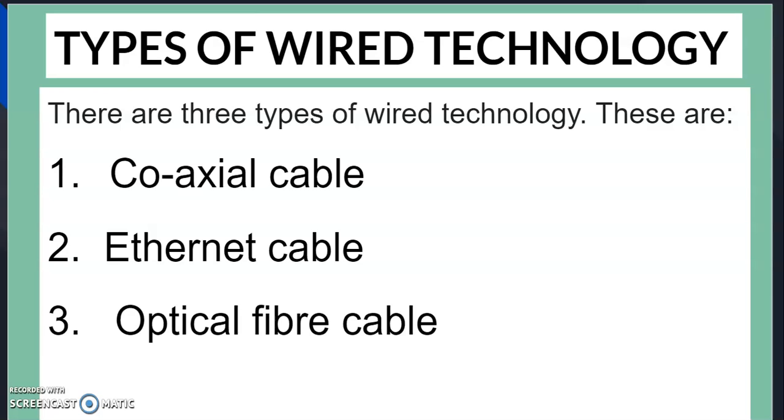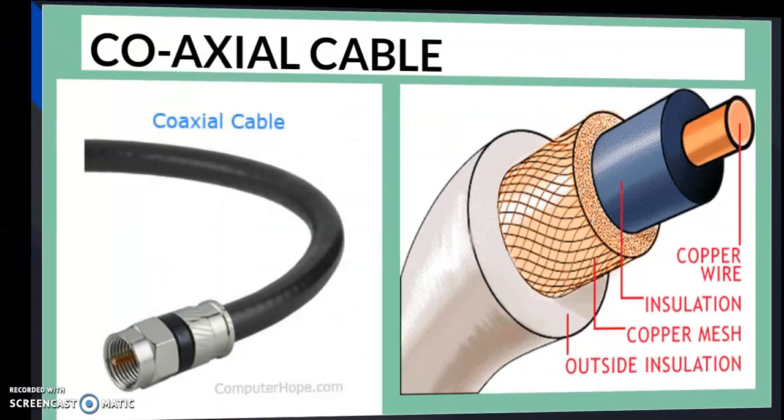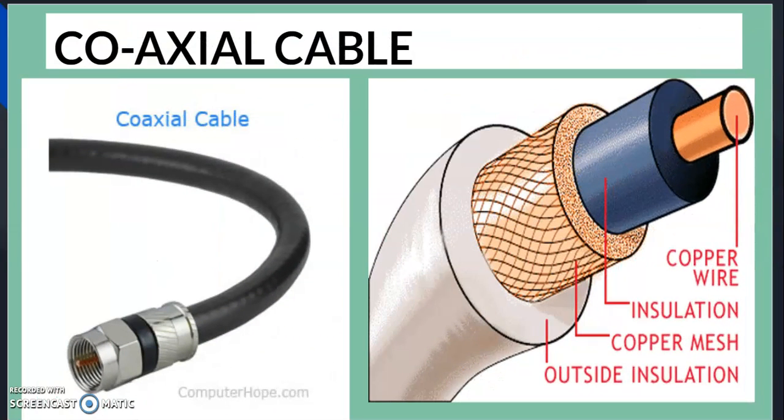We have the coaxial cable, Ethernet cable, and optical fiber cable. Three types of cables: coaxial cable, Ethernet cable, and optical fiber cable. Three. So coaxial cable. Before we take the notes, take a look at these two images.